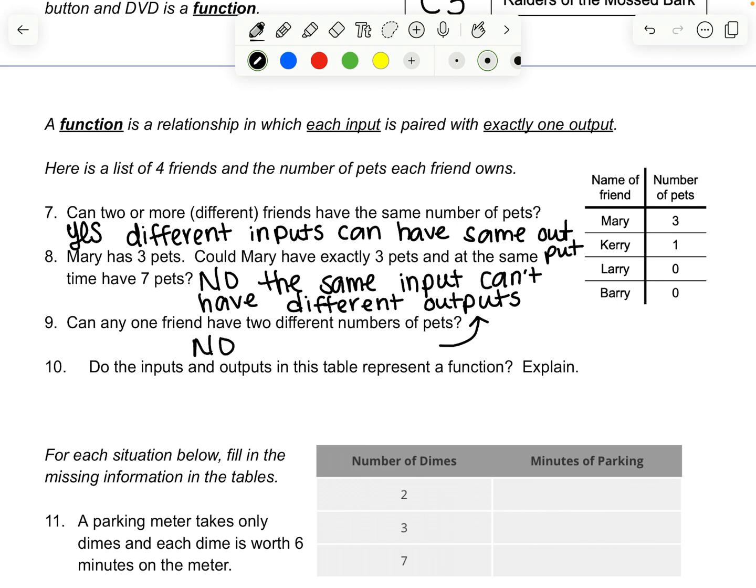So does this table represent a function? Yes, it does. Yes, because each input has its own output.